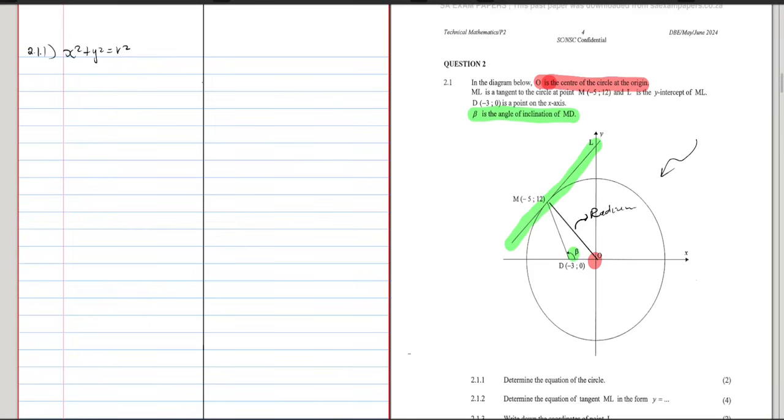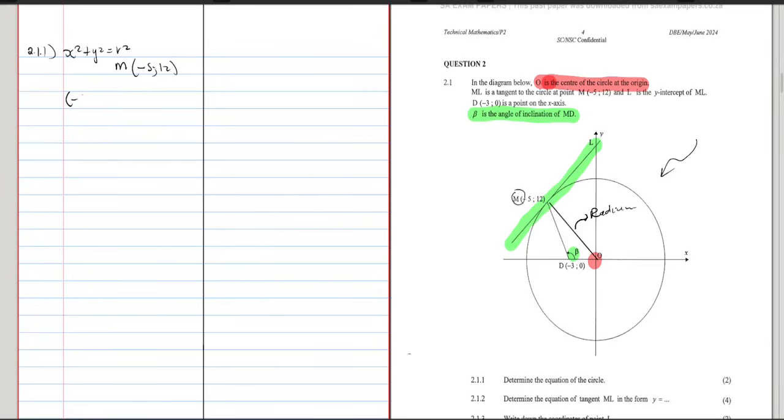The only way to do that is by finding a point that lies on the circle. In this case, M is a point that lies on the circle, so we substitute it into the equation so that we can calculate r. In fact, we are looking for r squared, not r.